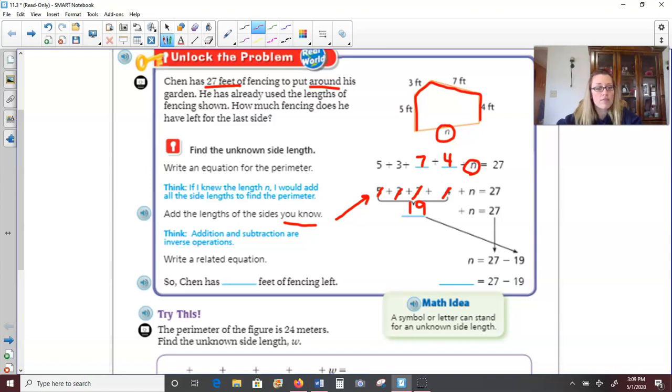And in order to find what N equals, we're going to take the total perimeter, 27, and subtract the part that we know so far has been used of the fencing, which is 19 feet. And that's going to give us the amount that is left over that hasn't been used yet.